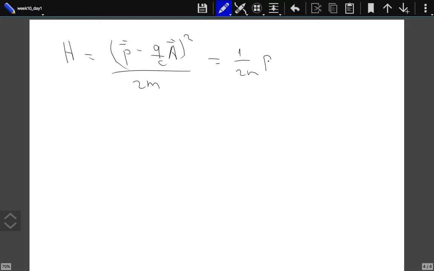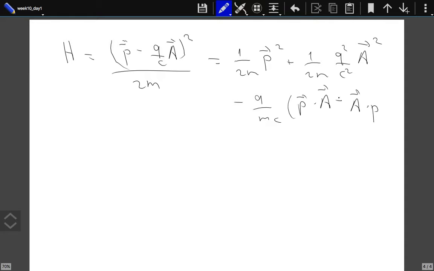This is 1 over 2m P squared plus 1 over 2m Q squared over C squared A squared minus Q over MC, P dot A minus A dot P plus A dot P. Now I also have a 2. Keep in mind that when we are talking about P dot A, when we convert it to a derivative, it will also involve the derivative of A.